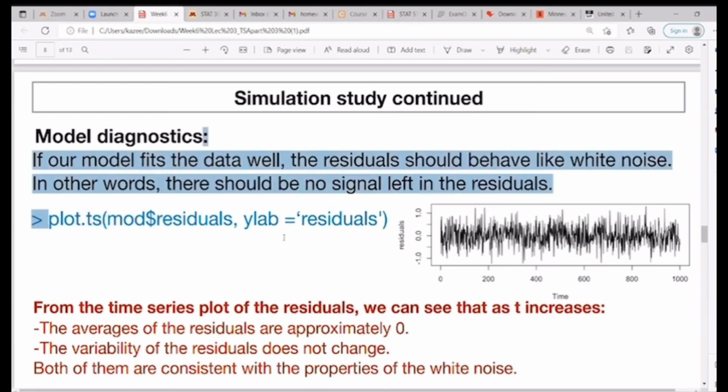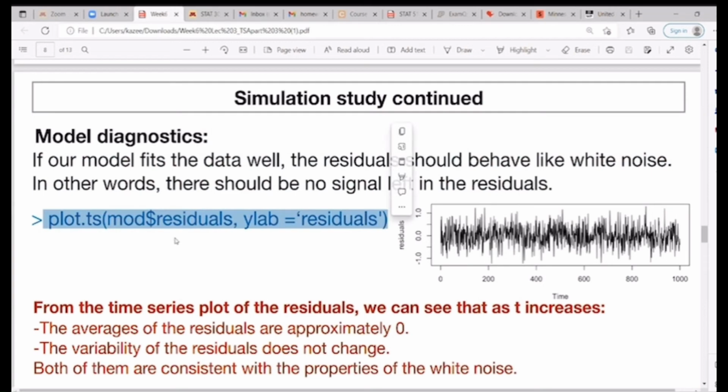Take a look at this. This is the code. If you copy it and paste it in now, you're going to have this. Now, what behavior are we expecting? We are targeting the residuals. For the residual to behave well, the mean should be around 0.